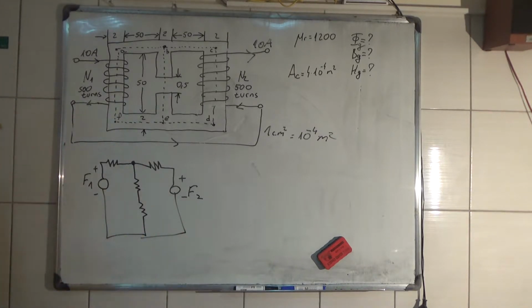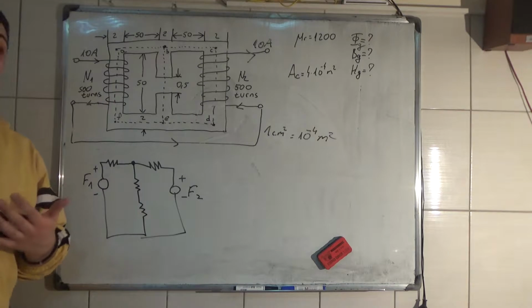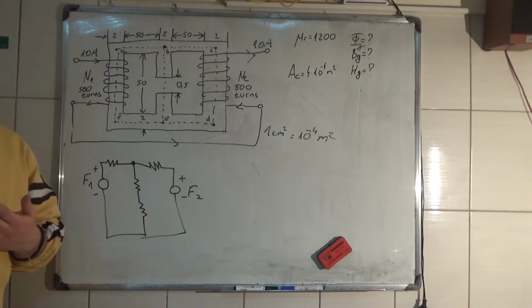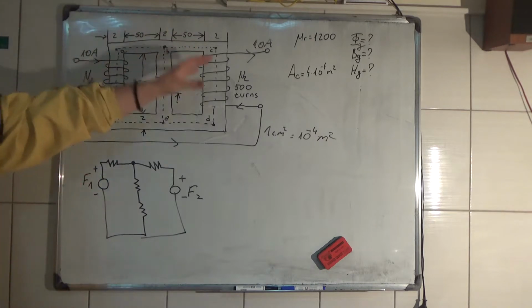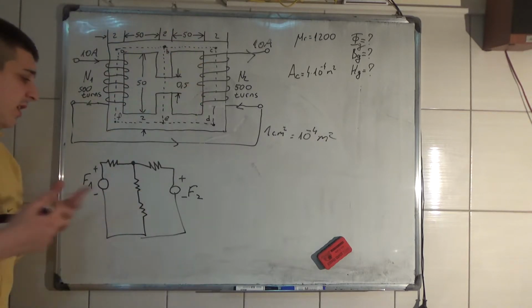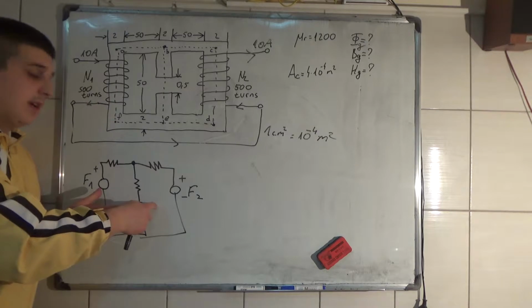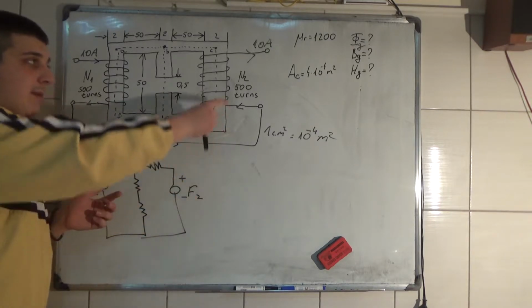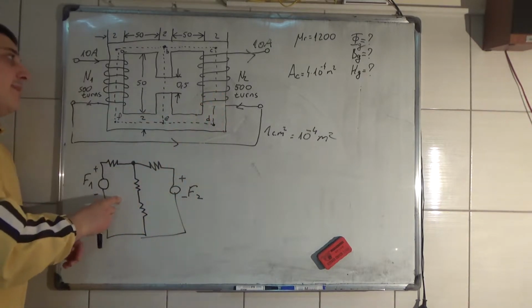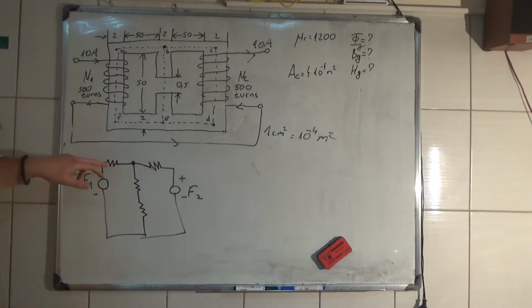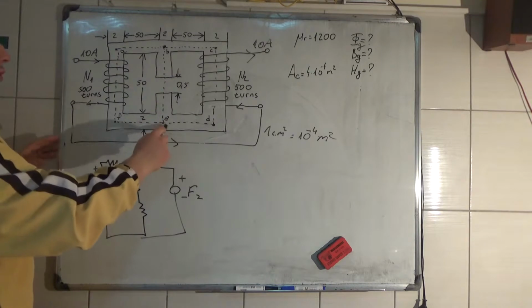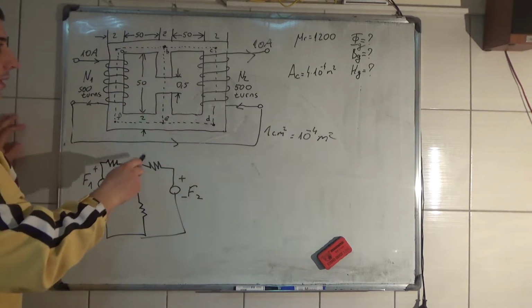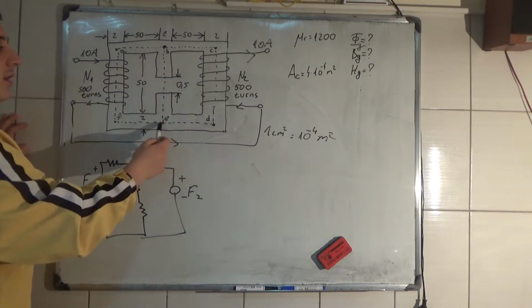Now, we have to know what the reluctances are in this magnetic circuit. So we have this equivalent magnetic circuit. Here we have the MMF of this coil, here we have the MMF of this coil. Here we have the reluctance from point B to E in the left direction.